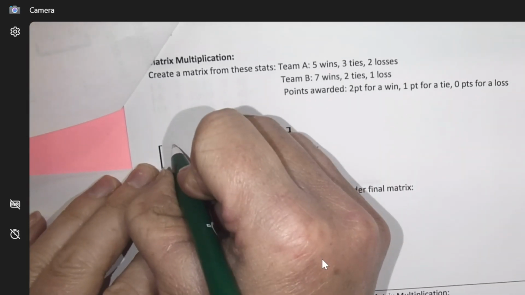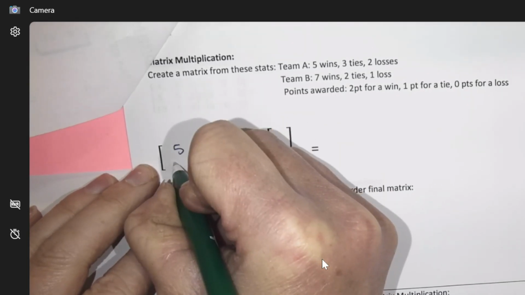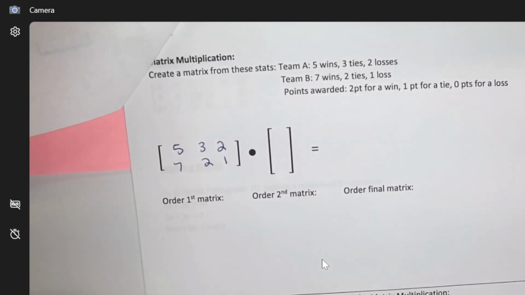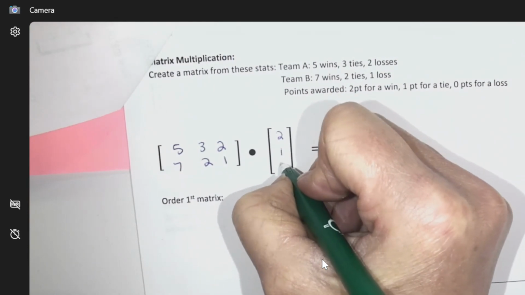Okay, so I'm going to go like this: 5, 3, 2, 7, 2, 1. That's going to be my first matrix to represent the team's scores. And then the points are going to be a 2, a 1, and a 0.